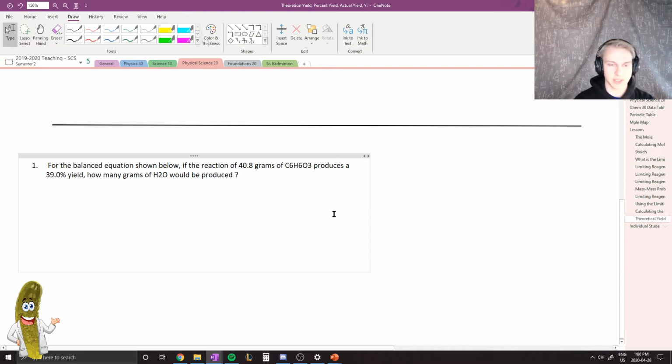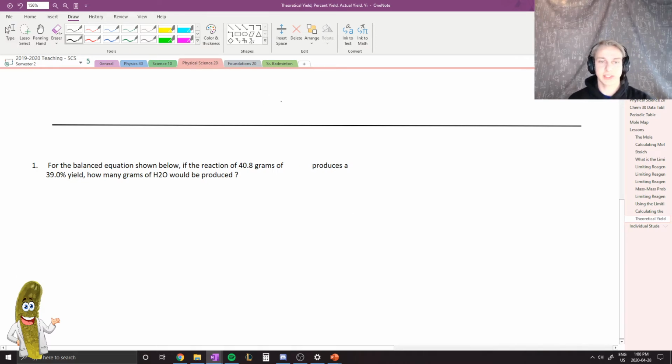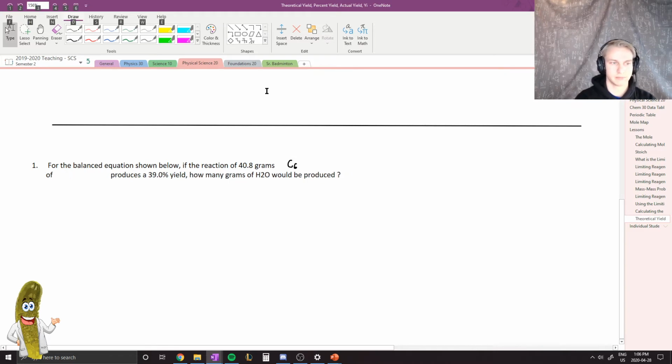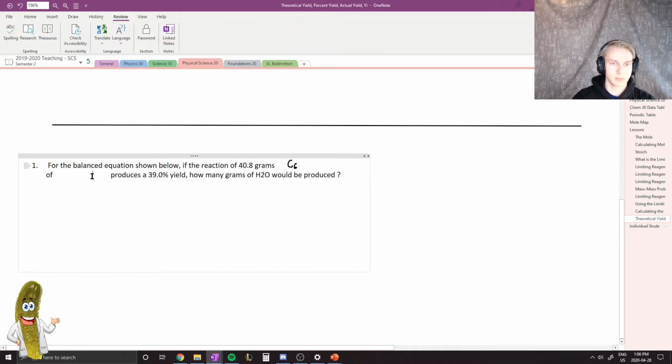This gets messed up in OneNote, so I'm just going to fix that. So the question is asking us for C6, I still need more space, of, sorry, I screwed something up here.